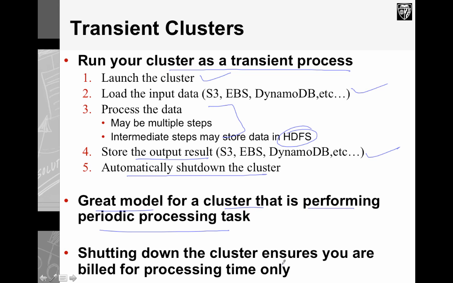Shutting down the cluster ensures that you're billed for processing time only, right? Only the processing time when the cluster is up and running. So the rest of the 22 hours when the cluster is not running, you're not really paying for it. That's one of the biggest features of AWS EMR. You pay for what you need. That's one of the biggest selling points for AWS EMR.